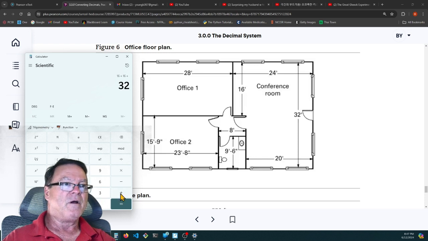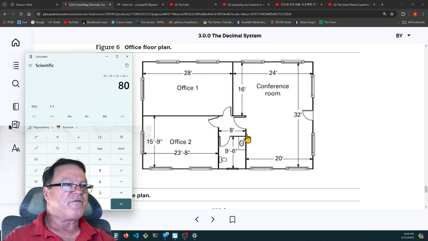So 16 plus 16 plus 24 plus 24. My calculator's acting up. 16 plus 16 plus 24 plus 24 is 80 feet of baseboard in office number 2.